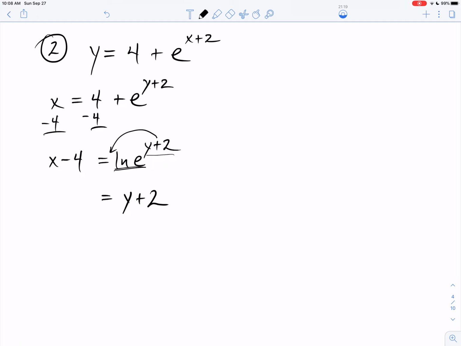Now, when I say this side, if I do this and I write it like that, I am going to get it wrong. I'm going to be incorrect. See, if you're taking the natural log of this side, there's a monomial base. But if I take the natural log of this side, there's two things there. It's a binomial.